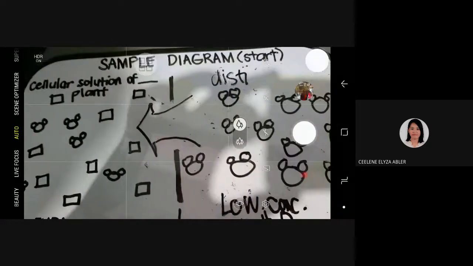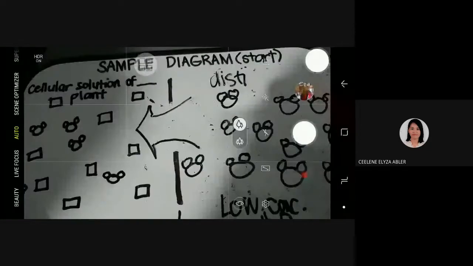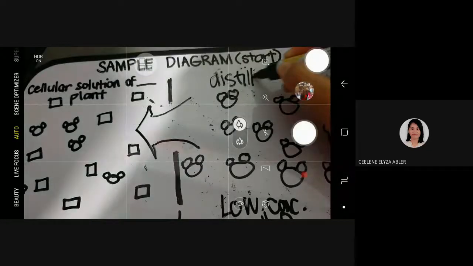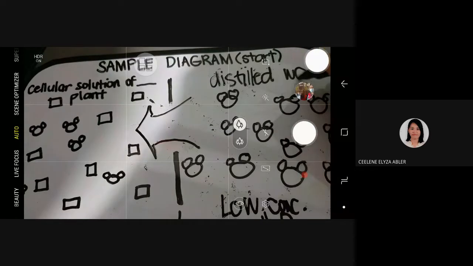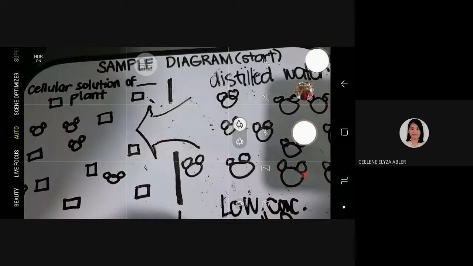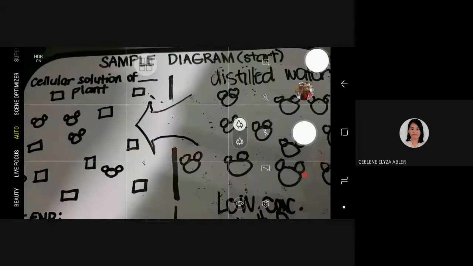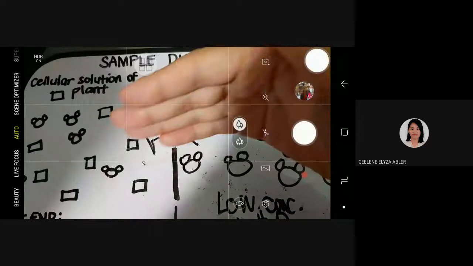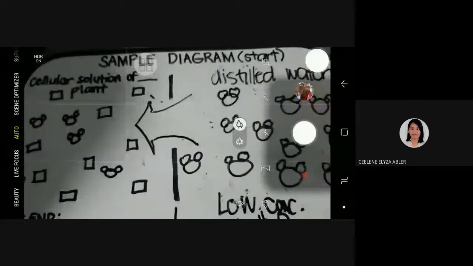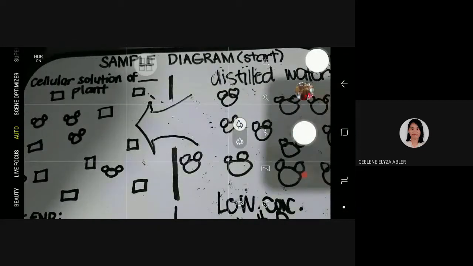Sorry again. Mabilis siya mag-switch back. Okay, so this is distilled water na siya. Alright? So, halimbawa kung distilled water ka na, napapansin mo, they will move into the cell of your plant and medyo crispy na siya at medyo plumper na ang iyong plant na cell.